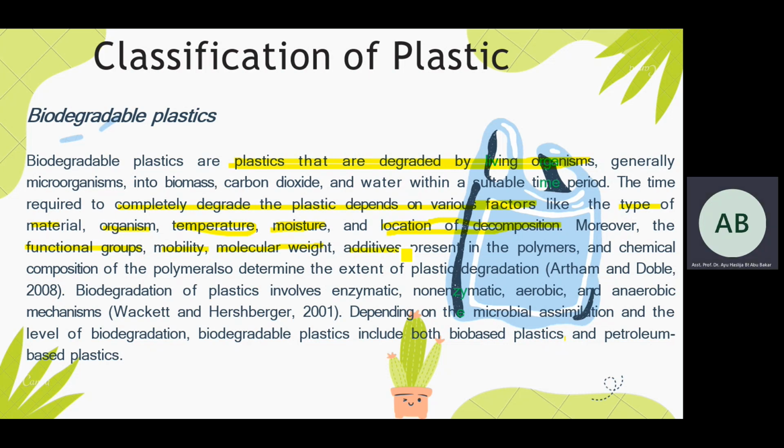Because for biodegradable plastic, we cannot use 100% biodegradable material. It will jeopardize the strength of the plastic. So somehow they will need to add some additives to improve the strength.